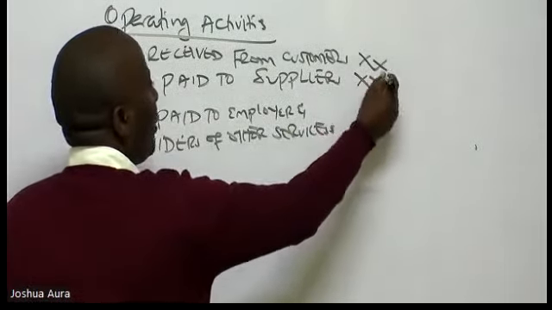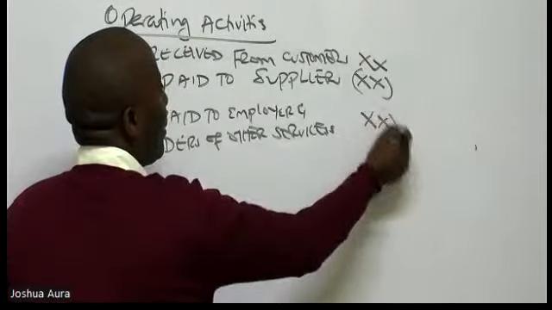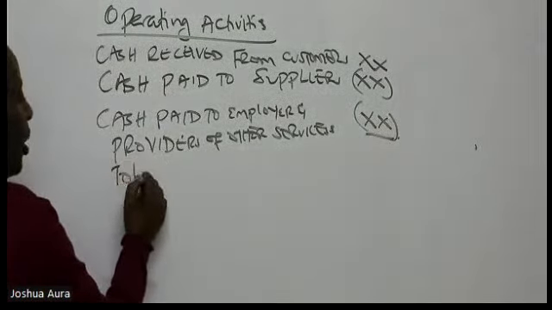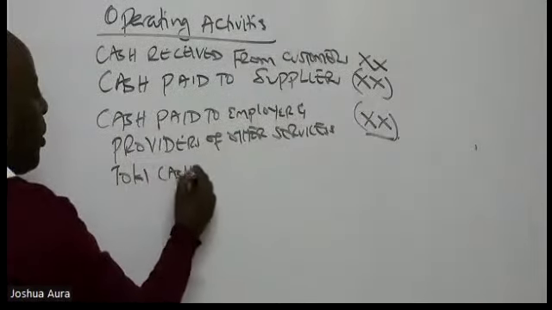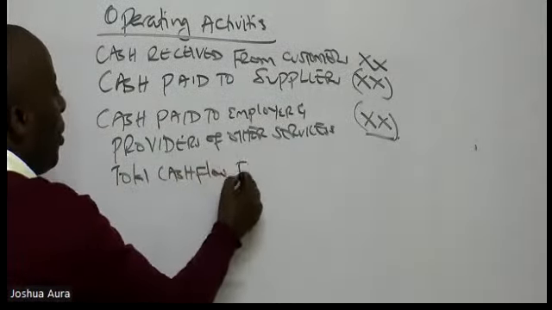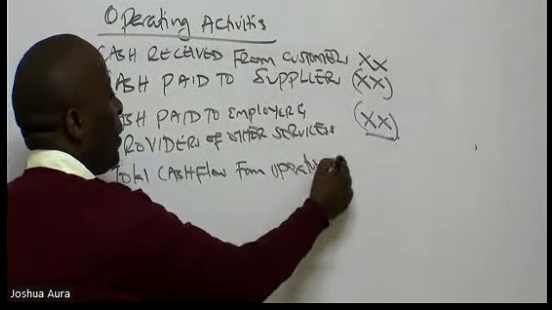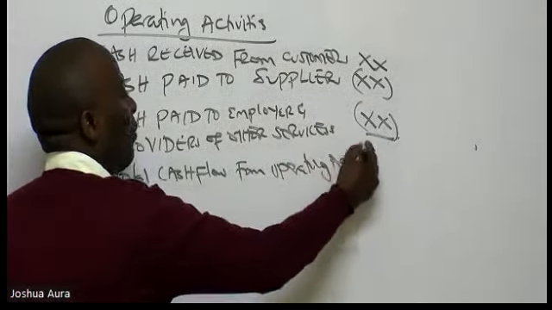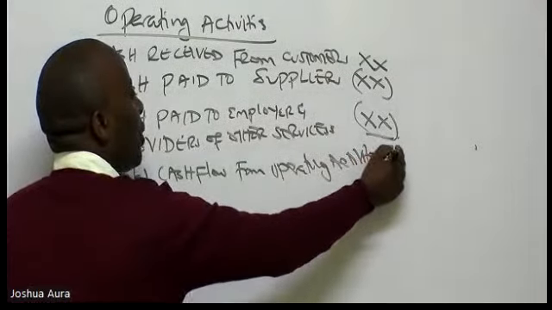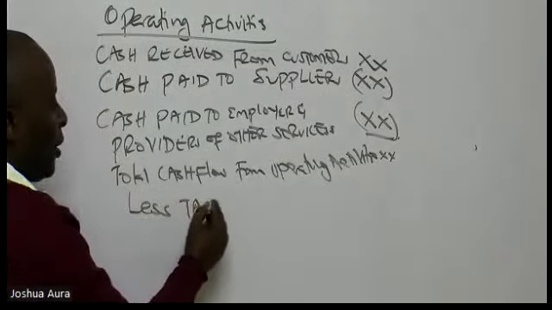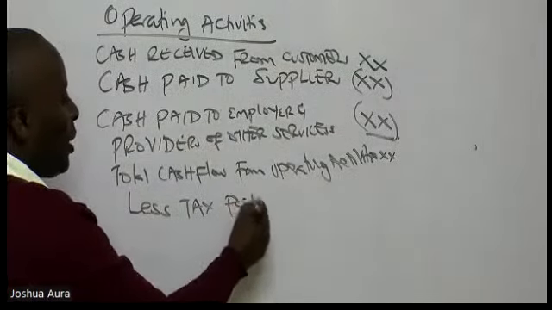Those three give us the total cash flow from operating activities, from which we less the tax paid.